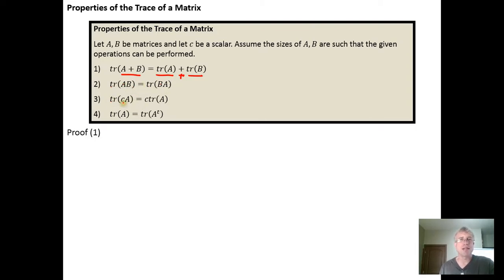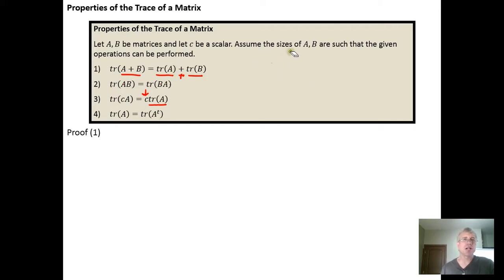For a scalar c, which is just some real number, the trace of c times matrix A can be calculated by taking the trace of A first and then multiplying the number you get by the scalar c. And the trace of A is equal to the trace of A transpose.